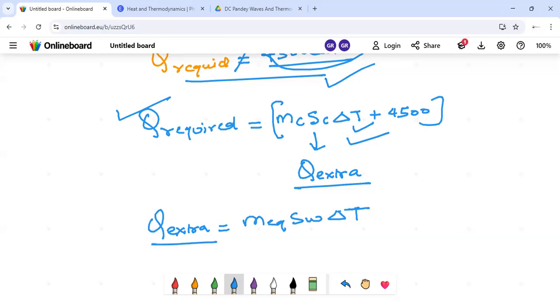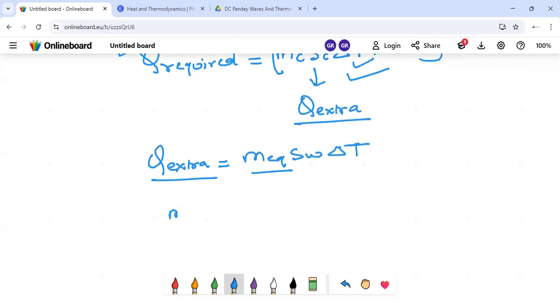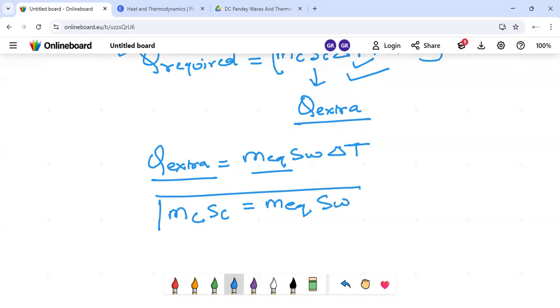So I am comparing this 500 calorie with some mass of water into specific heat of water into delta T. From there, I will get a relation: mass of container, specific heat of container, delta T will be equal to equivalent mass into specific heat of water. What is this? This means whatever the container is absorbing, if it is given to water, this much extra mass of water could have been heated to the same rise of temperature. So this is called water equivalent.